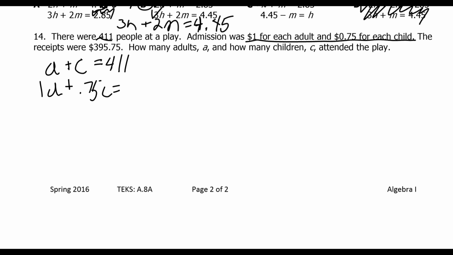Alright, now, here's the thing. Today, this actually bleeds into what we're doing tomorrow. What we're going to do is multiply this bottom row by -1, in order to get something that's going to cancel.